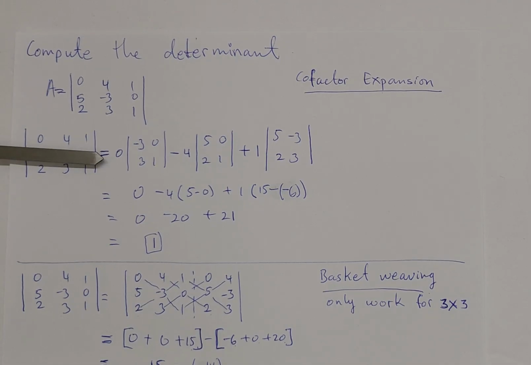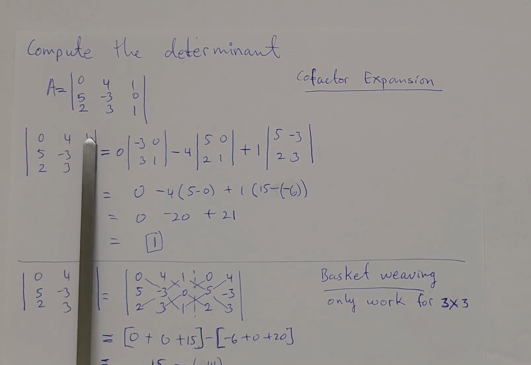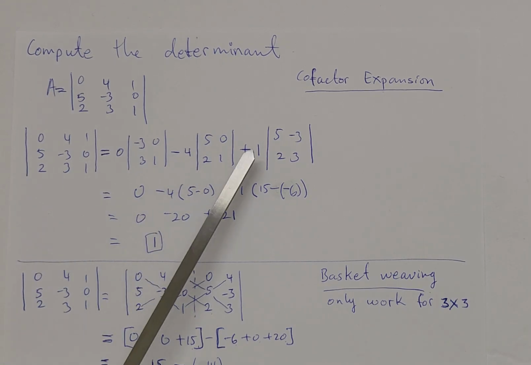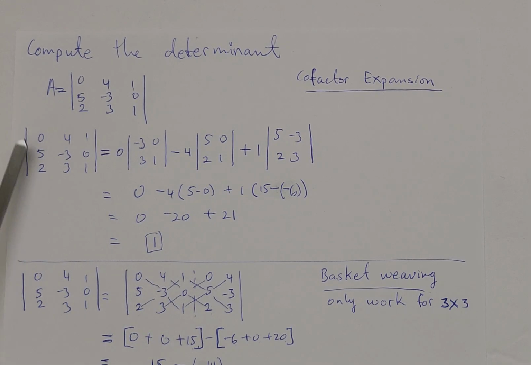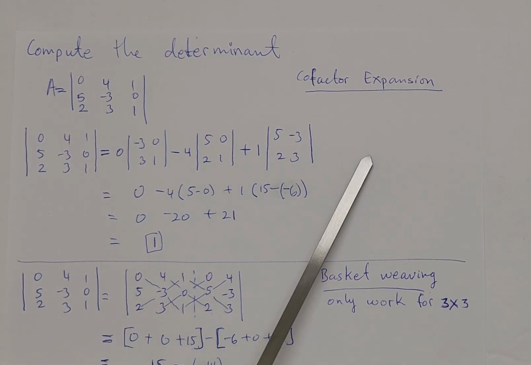So put the 0 here, put the 4 here, put the 1 here, and then after that, block out the first column, block out the second column, block out the third column. And don't forget, always start with plus, minus, plus. If this was a 4 by 4, plus, minus, plus, minus.